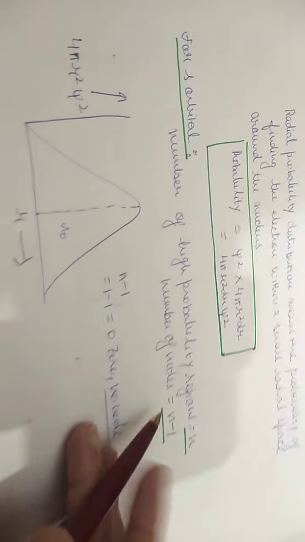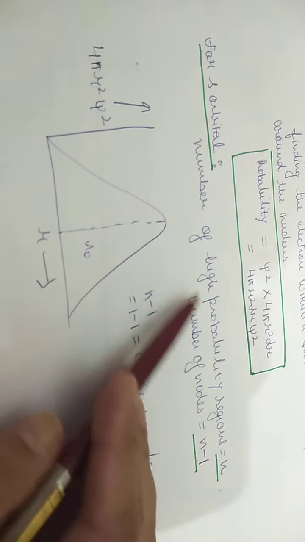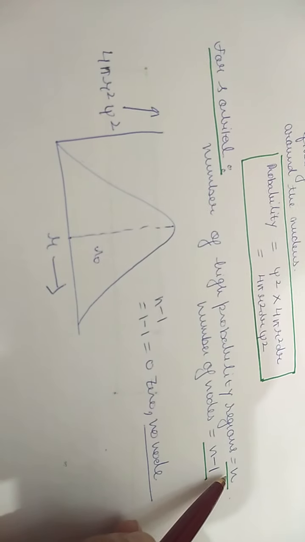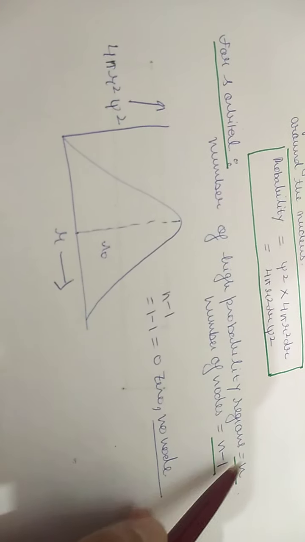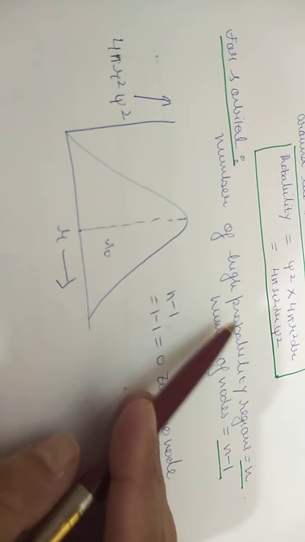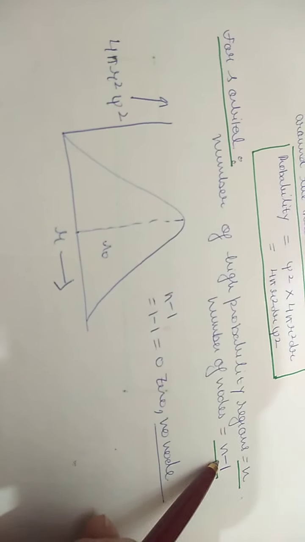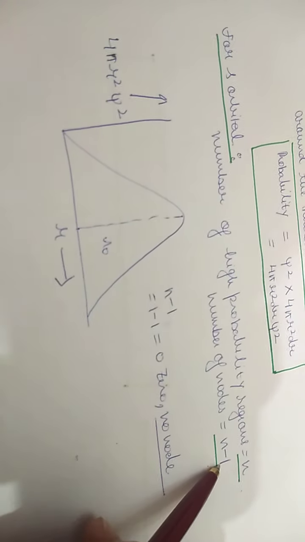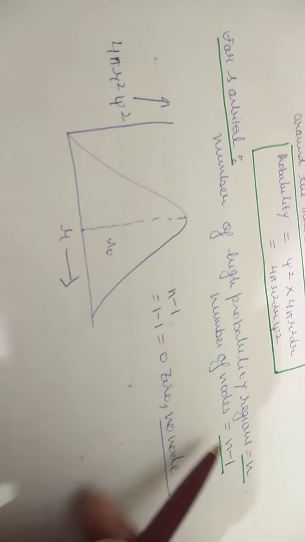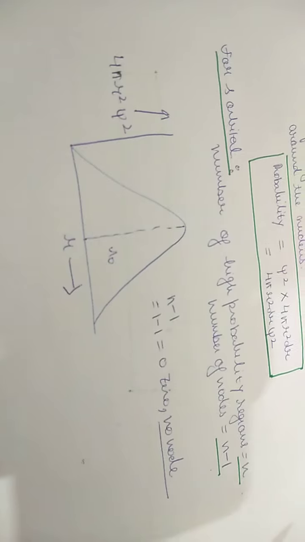Now, how will we represent it graphically? For an S orbital, the number of high probability regions is equal to n, and the number of nodes is equal to n minus 1, obviously, because l in an S orbital is equal to 0.